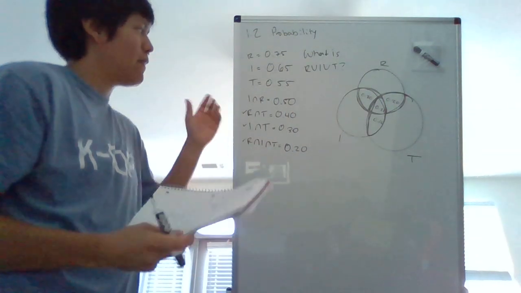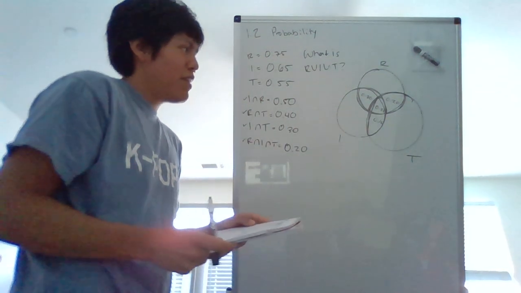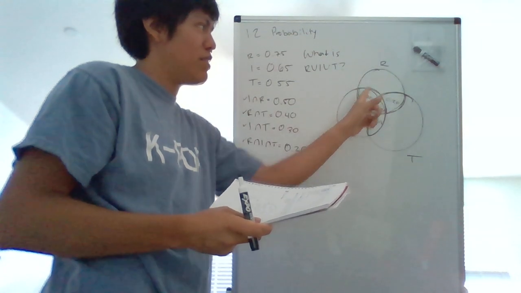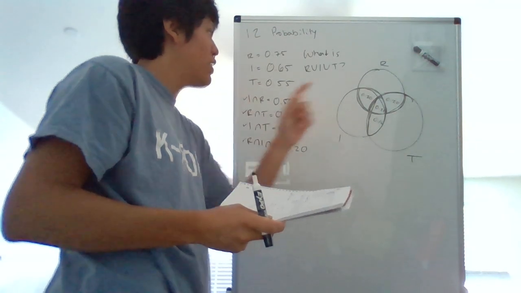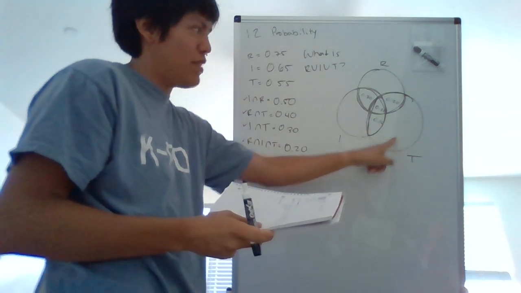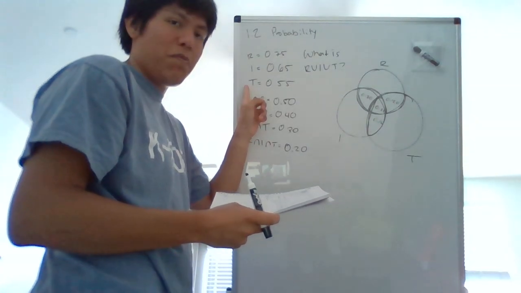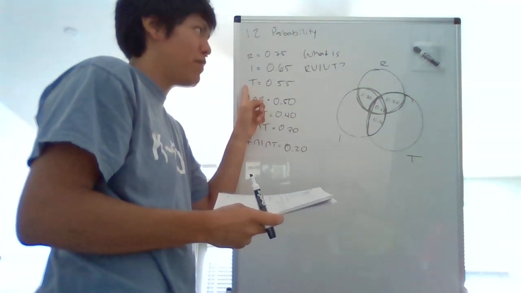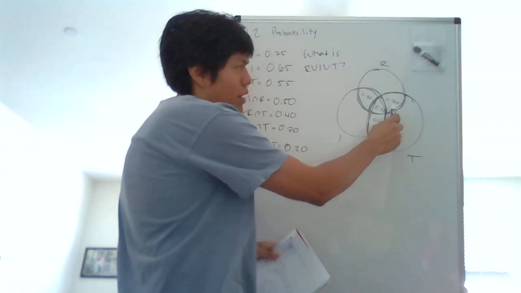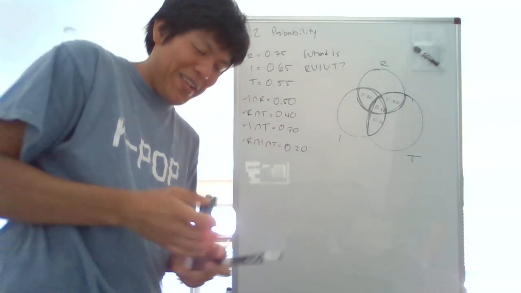All right, so that's done. Now we have to find the remaining percentages of these outermost areas. So, okay, we'll start with toasters. We're given that the entire percentage of people with toasters is 0.55. And we've already calculated a couple other sections here. So I'm actually gonna get my calculator.